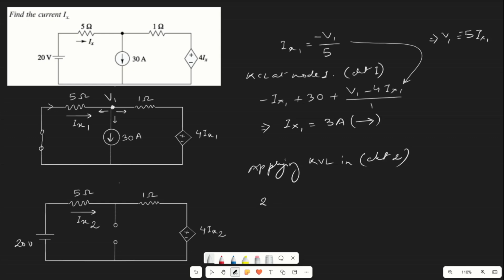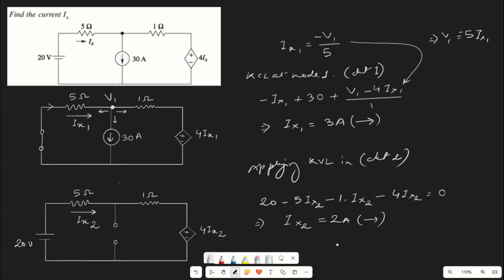So what we have, 20 minus 5Ix2 minus 1 into Ix2 minus 4Ix2 equals 0. From here we get the value of Ix2, and it will come out as 2 ampere in the same direction.